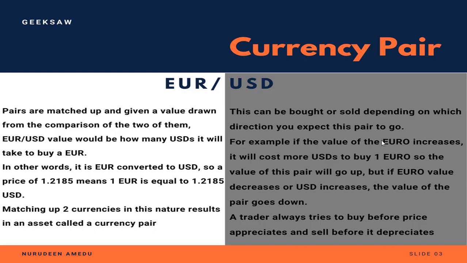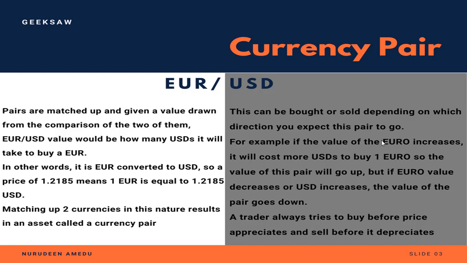Then you watch the news for America and the unemployment rate has increased and a lot of problems the US economy is facing, and then you say, oh, the USD is about to go down. So in this case, you will buy the Euro USD, because when the value of the euro increases and the value of the USD decreases or remains the same, their mutual price will go up.